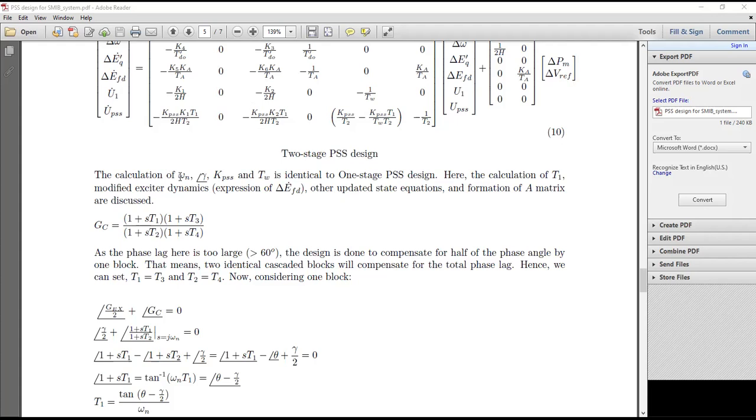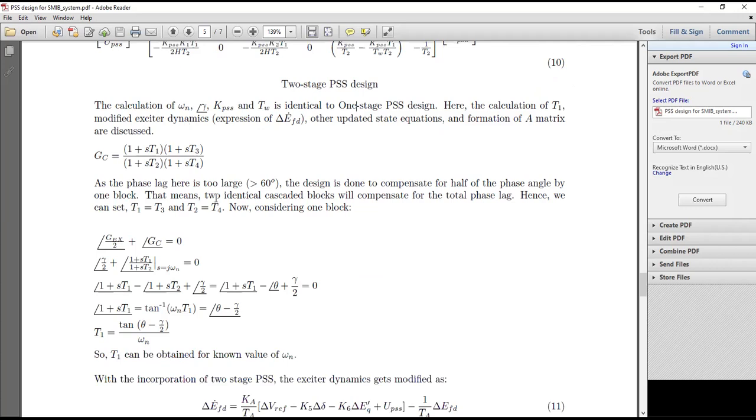However, the calculation of omega n, gamma, KPSS, T delta, T omega, all these would be identical to the 1-stage PSS. So that is a plus. However, the calculation of T1, the modified excitation dynamics, that is the expression of delta EFD and other updated state equations, and the formation of A matrix are discussed here next.